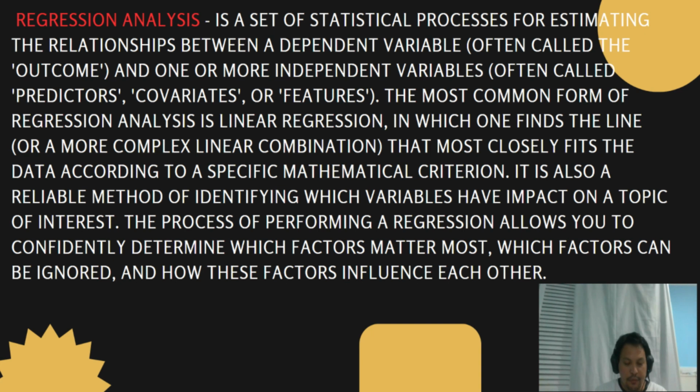The most common form of regression analysis is linear regression, in which one finds the line or a more complex linear combination that most closely fits the data according to a specific mathematical criterion.